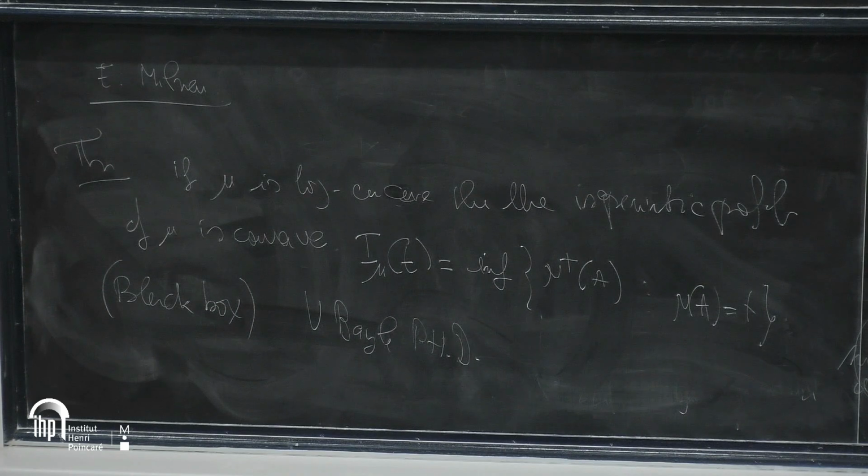This concavity of the isoperimetric profile is very convenient, because since I of mu is positive, concavity implies that I mu of t is larger than twice I mu of 1/2 times t times 1 minus t.